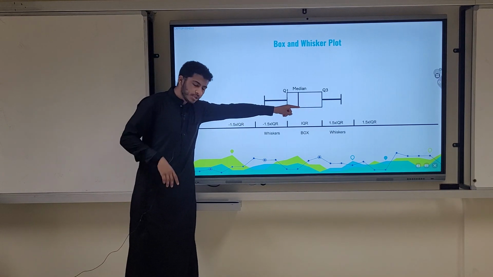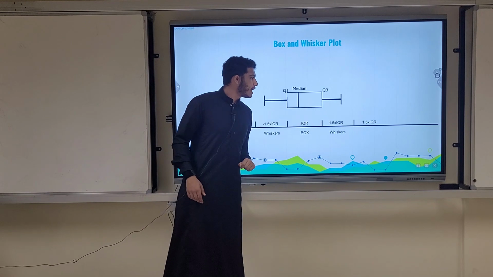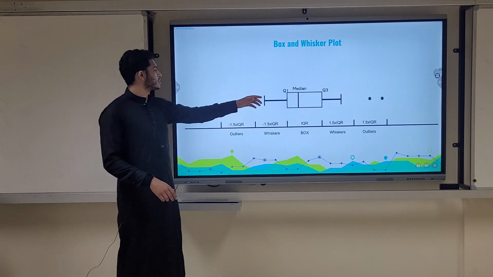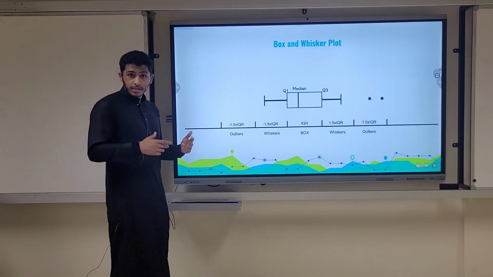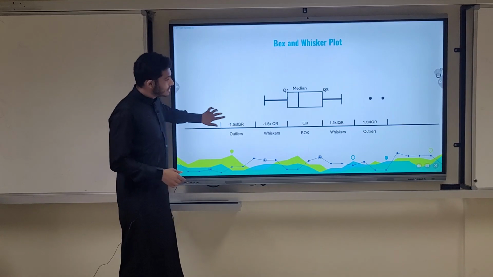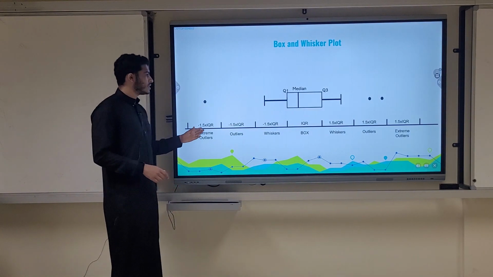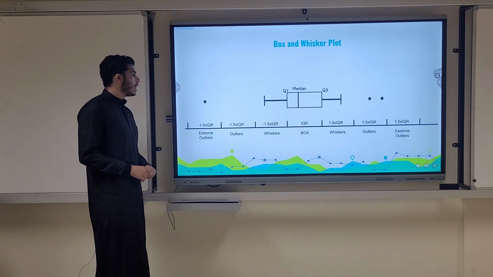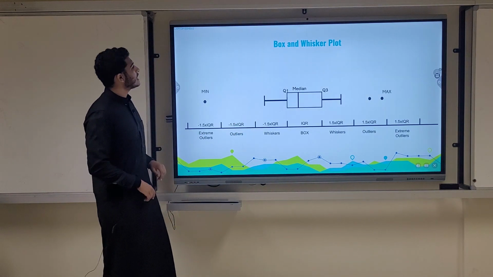We do the same thing, but instead of subtracting, we add it to the upper bound, and we get the outlier bound, where we have outliers, the points that are not included in the whiskers. Also, we can do it again, and we get the extreme outlier bound, where you might have some points that are far away from your data, and we consider them extreme outliers by the same exact process throughout.